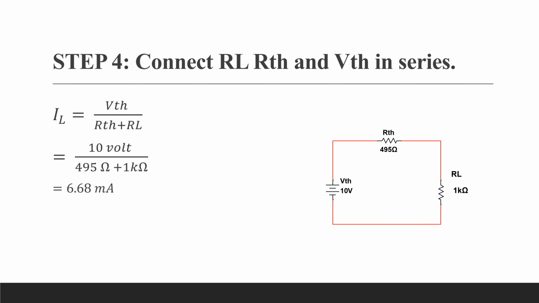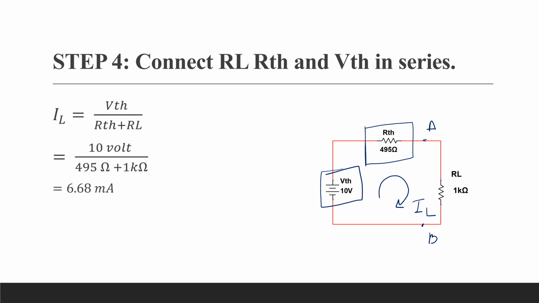Now last step. This is your resultant circuit, Vth, then Rth, and here you connect your load resistor, RL 1 kilo ohm. Again, loop current is nothing but your load current.